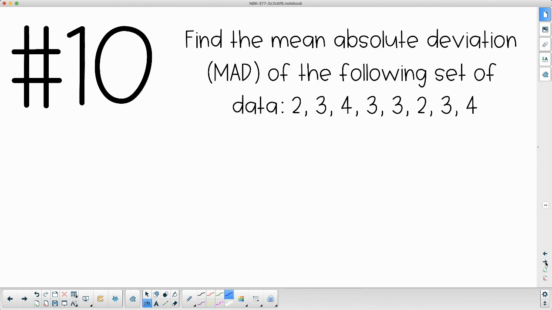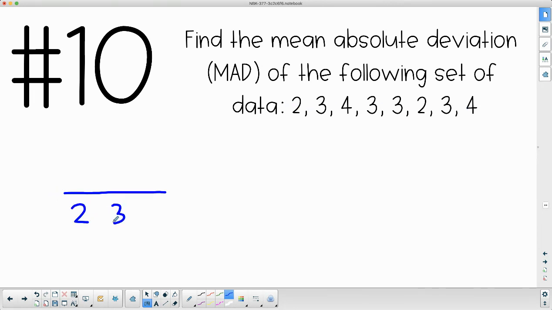Okay, number 10, this is the hardest one, but we can do it together. So we're going to find the mean absolute deviation. So we have to find the mean, and then we're mad because we have to do that all over again. So one thing I like to do is set up a dot plot so I can see where my numbers are. So I can see I have 2s, 3s, and 4s.